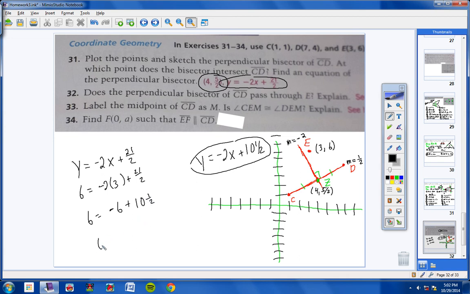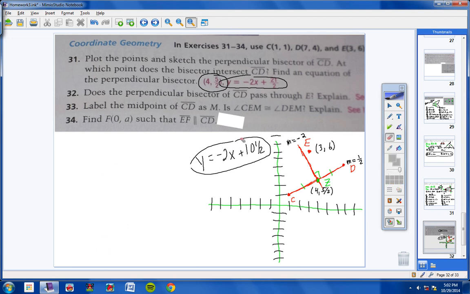Well, there's no way that negative 6 plus 10.5 equals 6. Negative 6 plus 10.5 would be 4.5. So, did I get out a true statement? No. Does 6 equal 4.5? No. So, does this point here lie on this line here? No, it does not. No, definitely not.